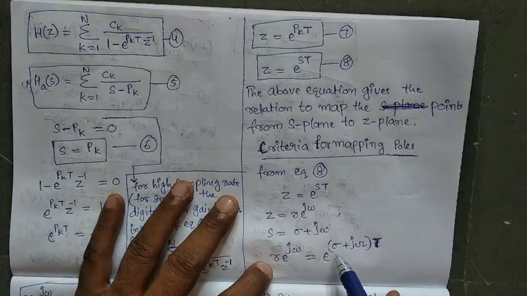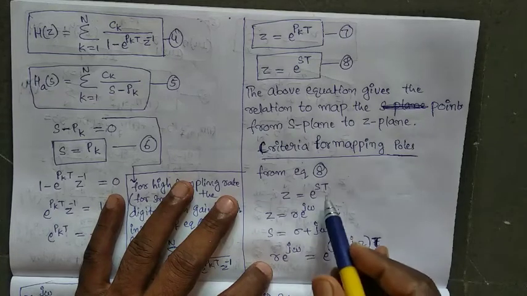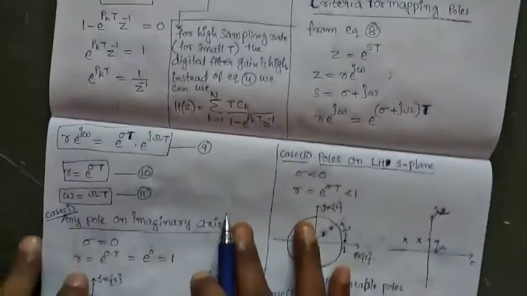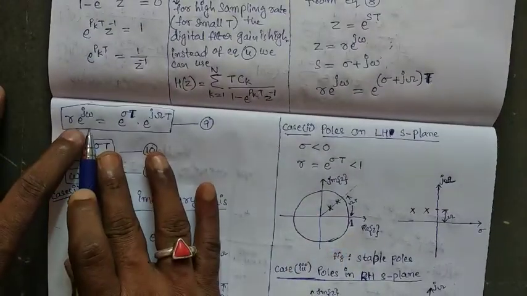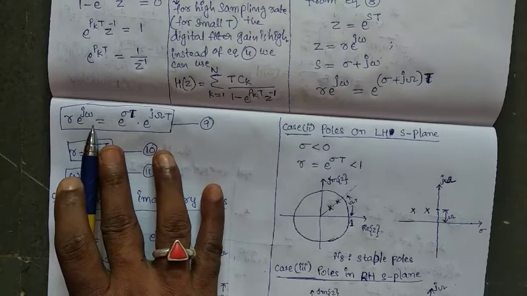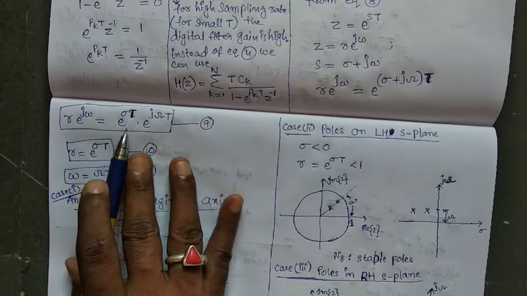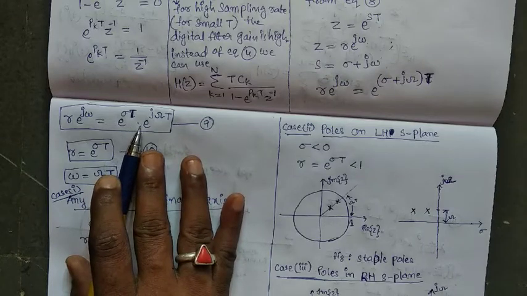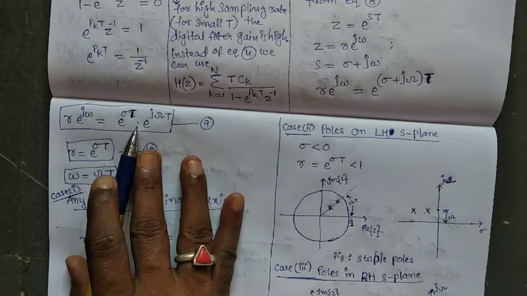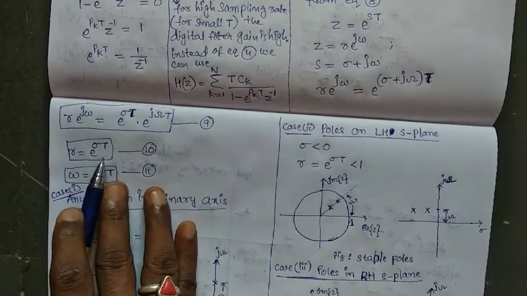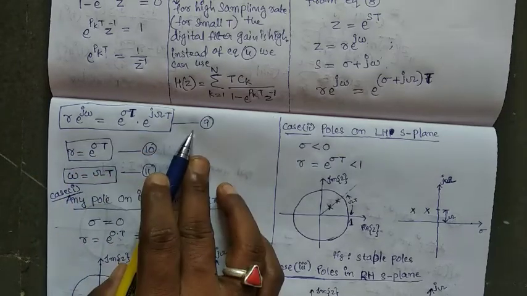e power (sigma plus j omega) T. Yes, we are replacing. This can be written as r into e power j omega is equal to e power sigma T into e power j omega T. From this we observe r is equal to e power sigma T. I am taking this as equation 9.